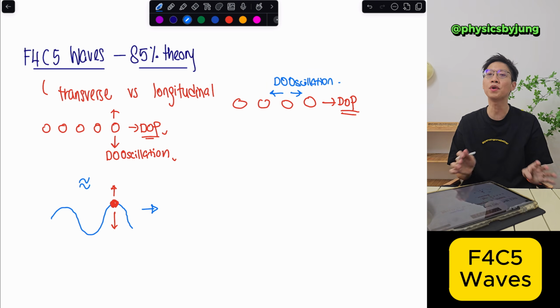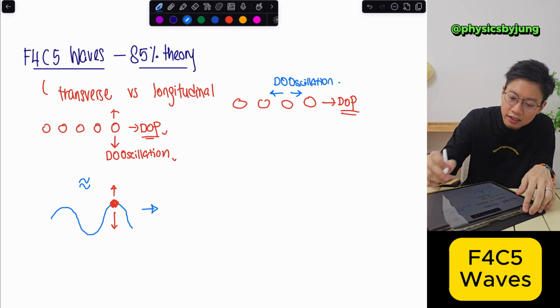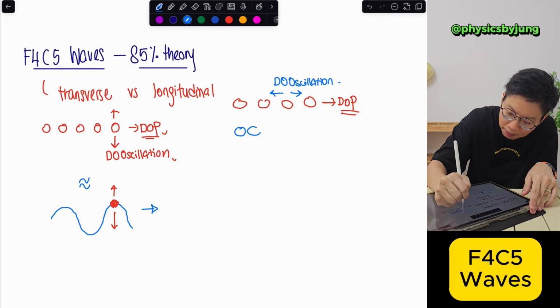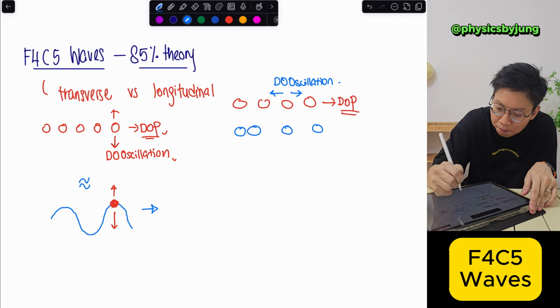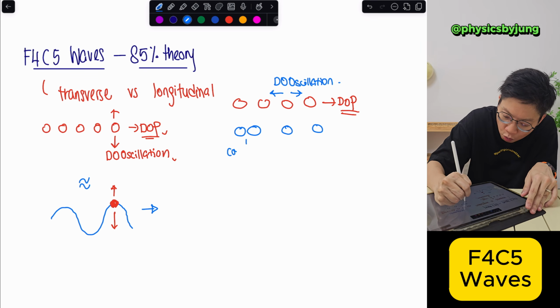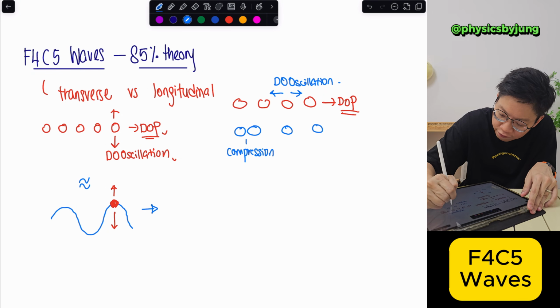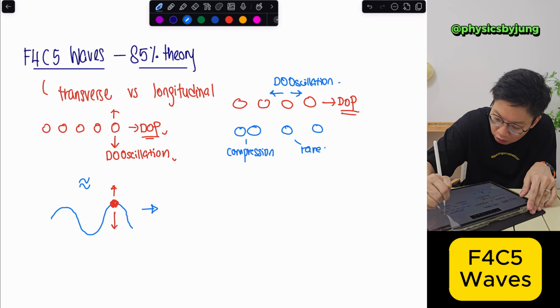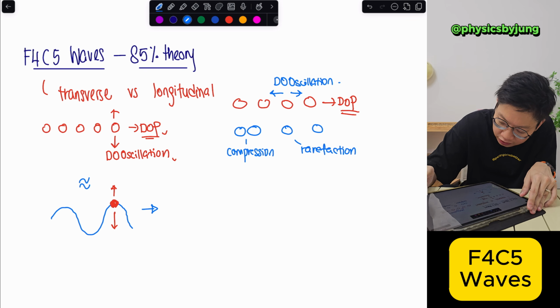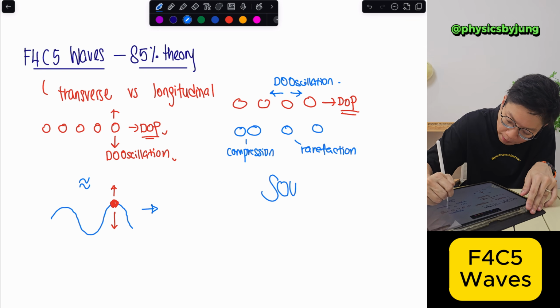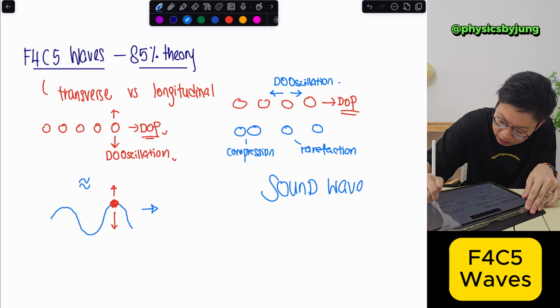As the wave travels, your particles will move left and right. Sometimes certain particles will come together, which we call the compression region.